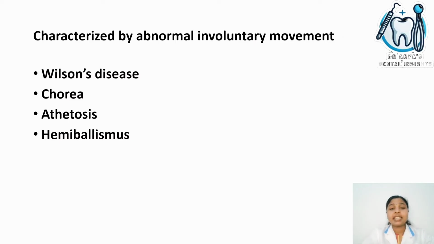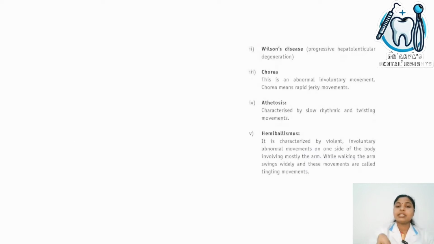What is characterized by abnormal involuntary movement? So, Wilson's disease, chorea, athetosis, hemibalismus. Which is correct answer? So, first one is the Wilson's disease.